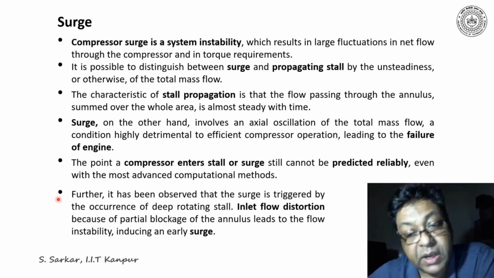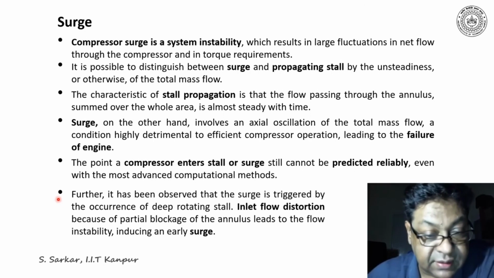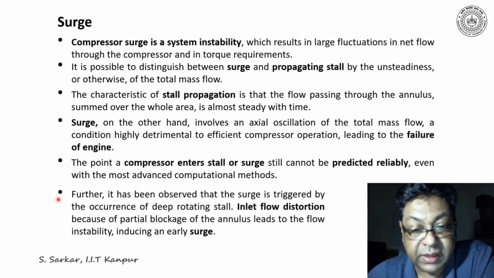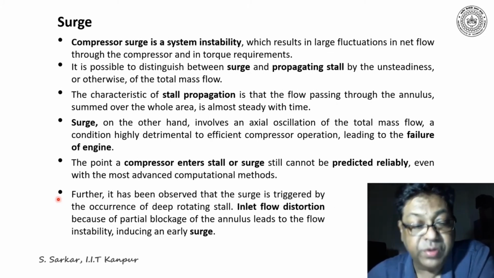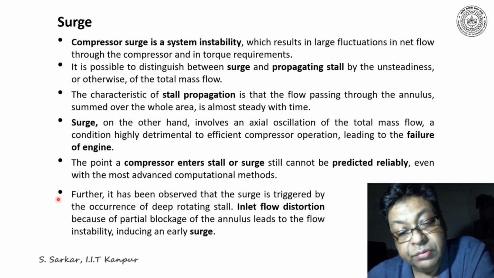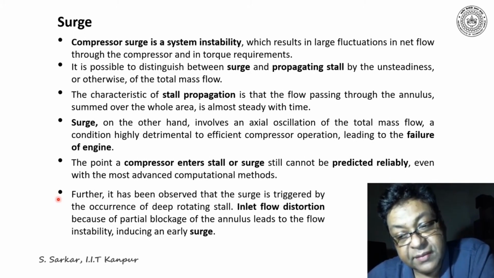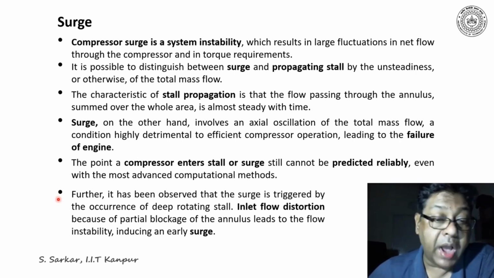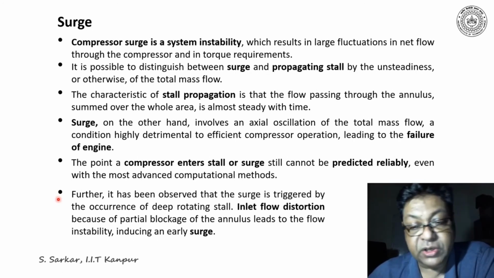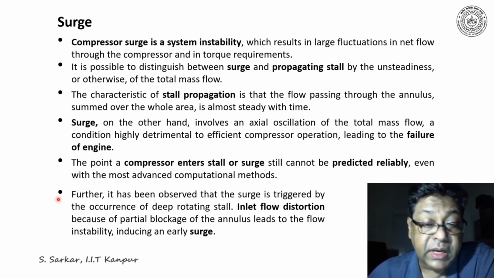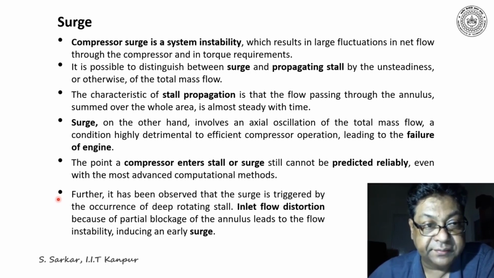Furthermore, the inlet flow distortion because of partial blockage of the annulus leads to flow instability, inducing an early surge. Thus, the surge is triggered by deep rotating stall and also by inlet flow distortions.